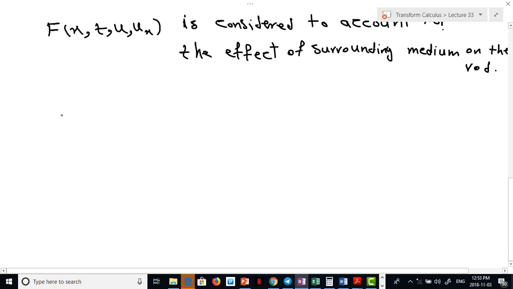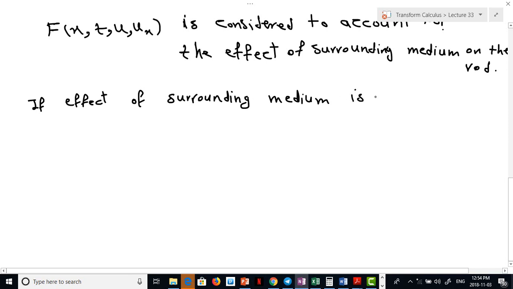Then F, as a function of these four parameters, is equal to 0.